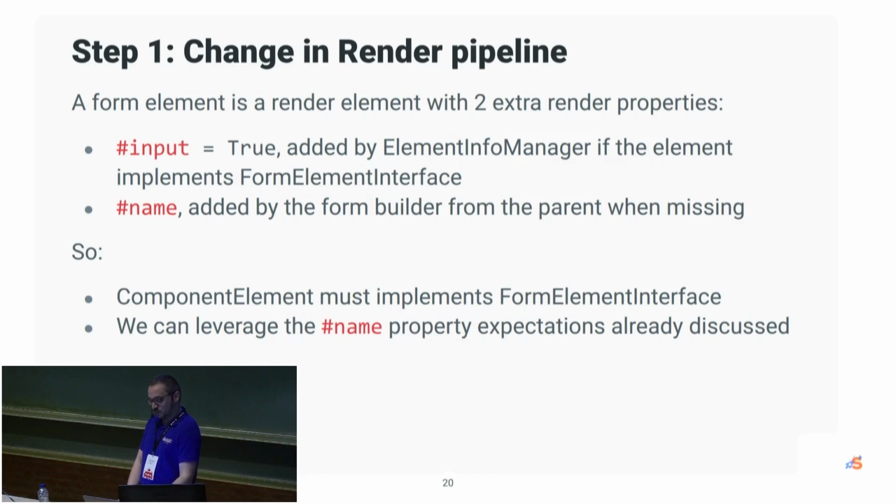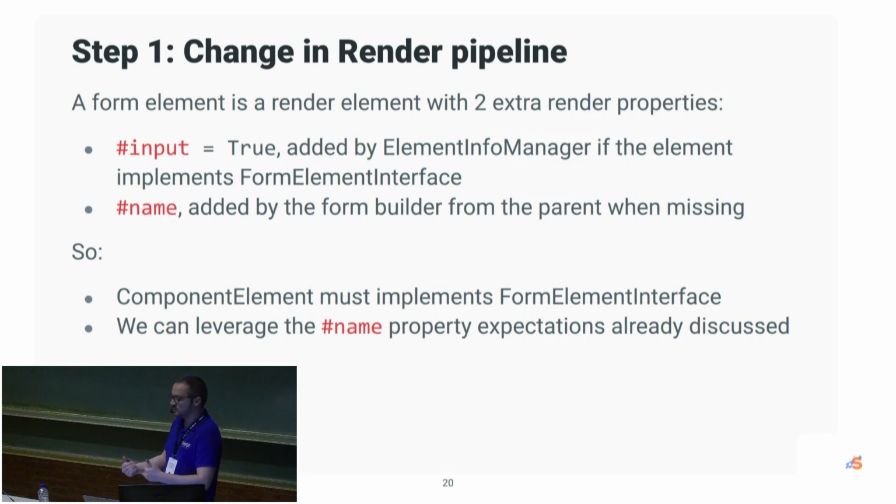We are already using the name, proposing it in the first problem we mentioned earlier. And what we propose is to change component element to be a form element, to implement form element interface. It will have no impact on existing components which are purely presentation.